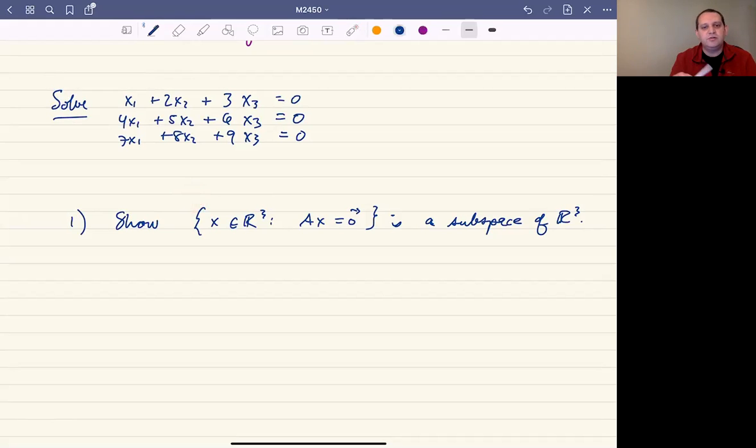And so what we need to do is show that if we add 2 elements in the set, we get another element in the set. And likewise, if we take any element in that set and we scale it, then that's also an element in the set.